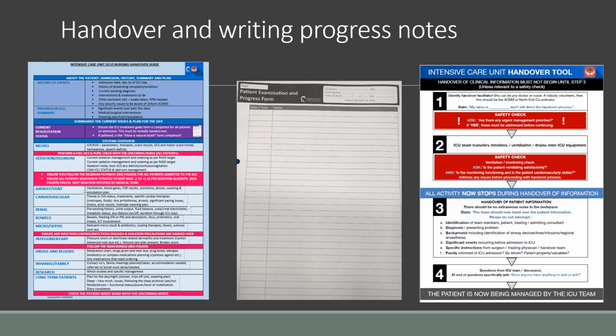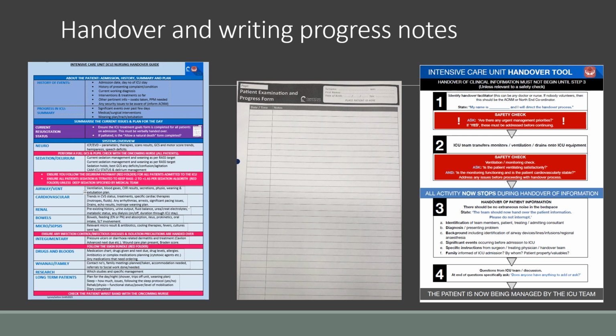And you can use the ABCDE format. And please, likewise, I know that this on the left is a handover guide, but you can also use that to guide how you write notes. So they're interchangeable. So at the handover, please use this guide to help you be systematic and thorough.